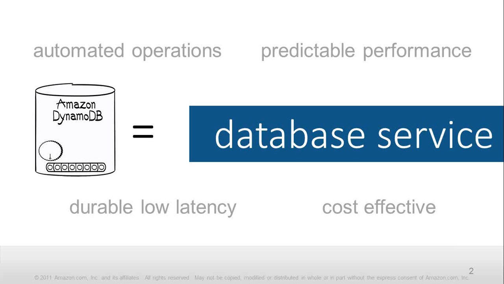So as a managed service specific to DynamoDB, the automation of operations is a key part of how the value is used by our customers to reduce the effort required to basically manage and scale a database. DynamoDB was also built on tenets of predictable performance, durable low latency, and being cost effective.